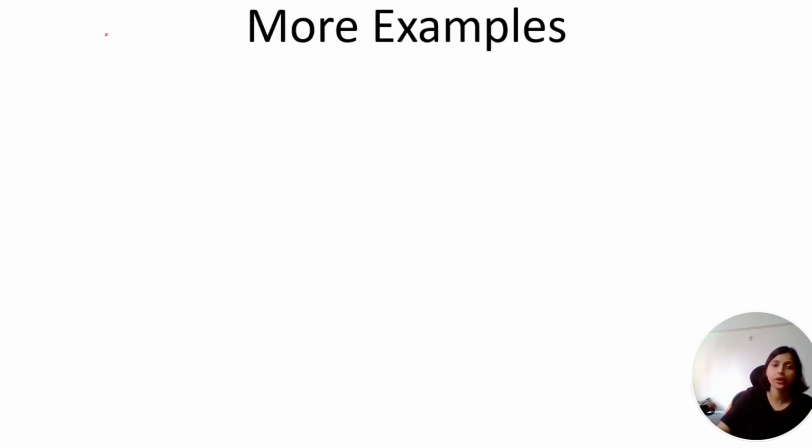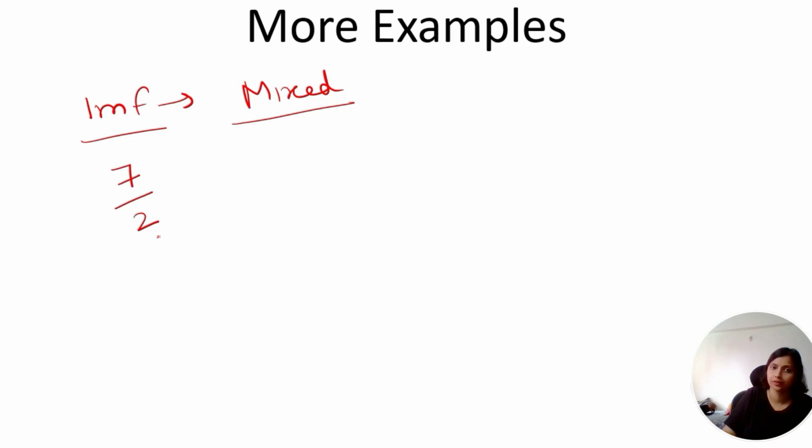Now let's see how I can convert an improper fraction into a mixed fraction mathematically, and vice versa. Suppose I have the improper fraction 7/2 and I have to convert it into a mixed fraction. Then what will I do? I will divide 7 by 2. 2 threes are 6.